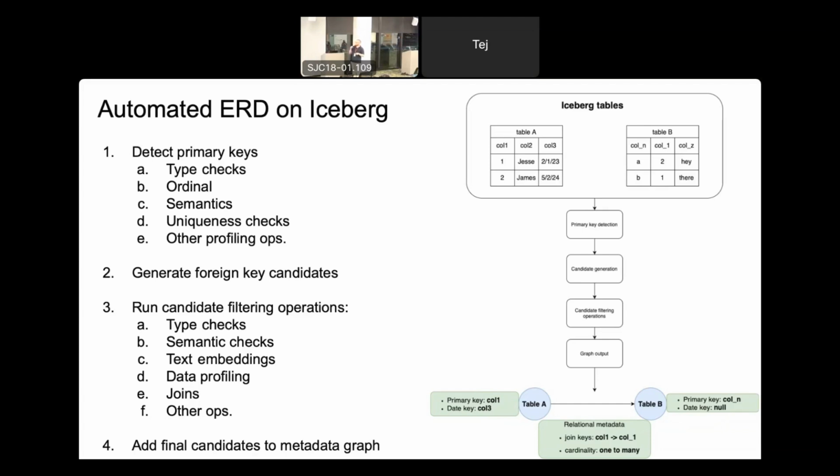You loop through all of the candidates and do type checks, semantic checks, text embeddings, a bunch of data profiling, and finally, maybe some joins. Ultimately, that's going to refine your candidates and you're going to get a metadata relationship graph. So structurally, it looks something like this. This would be your Iceberg tables. And first, primary keys, then candidate generation, filtering, and finally, you've got the relationships between two tables.